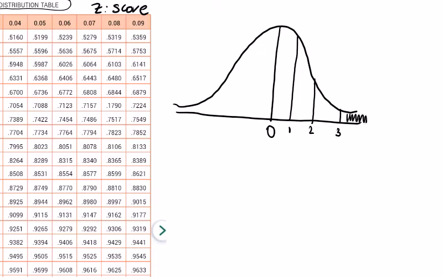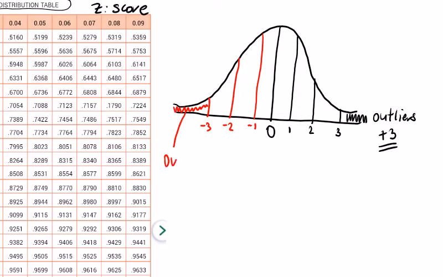And all in here, these are what are called my outliers, more than +3 standard deviations. To the left hand side of the center, we have a mirror image. There's 50% on both sides. This is -1 standard deviation, -2, -3, and again I have my outliers in here.